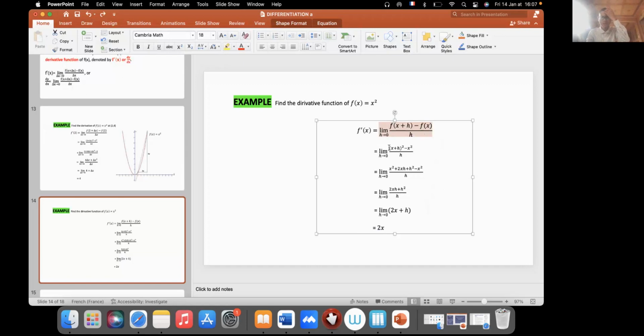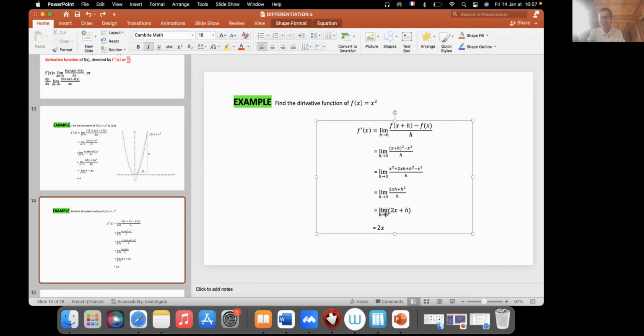So now we start from the quotient operation, right? We do substitution. We replace f of x plus h by x plus h squared and f of x by x squared, and then we expand the bracket, right? And we do simplification, okay, until here. Now, at this step, 2x plus h can't be simplified further, right?